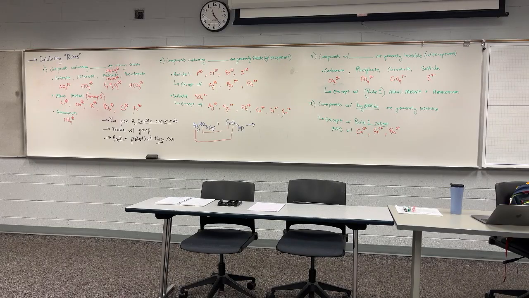Chloride, generally soluble. Iron is not an exception. Nitrates and sodium, always soluble. This does not actually give a reaction. Sodium chloride and copper sulfate. What are the products? I should clarify, sorry, copper 2 sulfate. Yeah, go ahead.